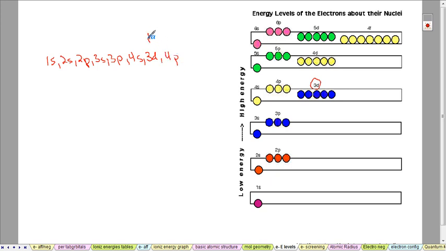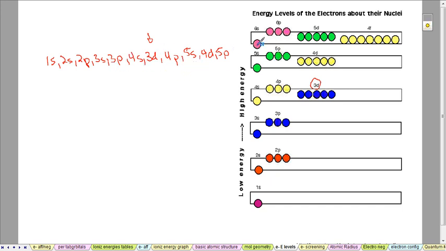Alright, so that's one of the things you're going to have to remember, is that the 3d's actually come in between the 4s and the 4p's. Then we go to 5s, and then of course, would make sense, the 4d's, then the 5p's. And for our purposes in grade 11, that's about as far as we're going to go.